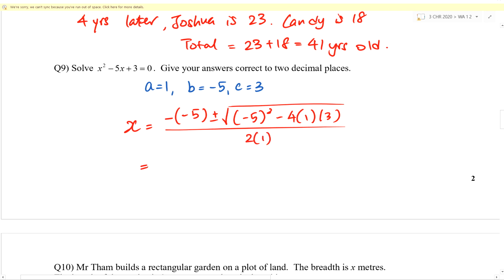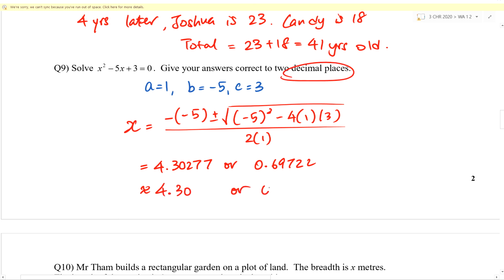So this gives us two different answers. They are 4.30277 or 0.6972. Because they want it in two decimal places, we're going to round off to 4.30 or 0.70.